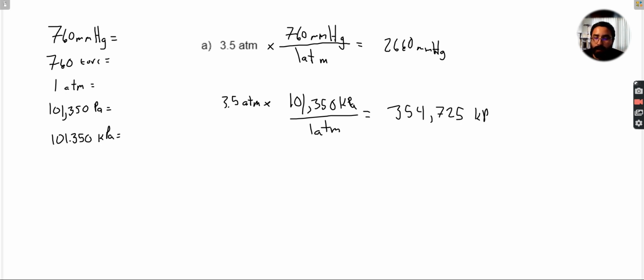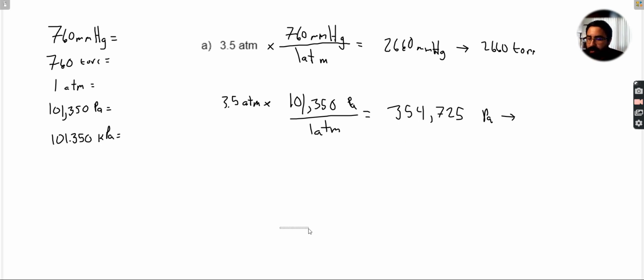Now let's turn it into other units. Turning it into torr is really easy. And then turning it into, oh, sorry, this was in regular Pa. I was getting ahead of myself. I'm so sorry. But to turn it into kPa is very simple.